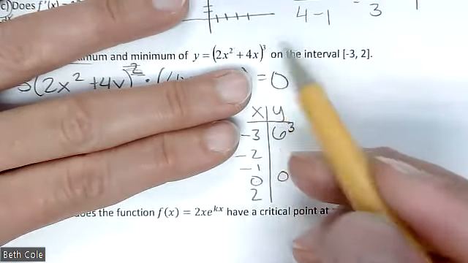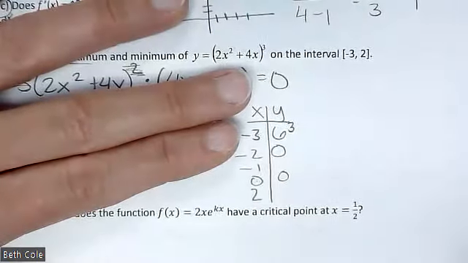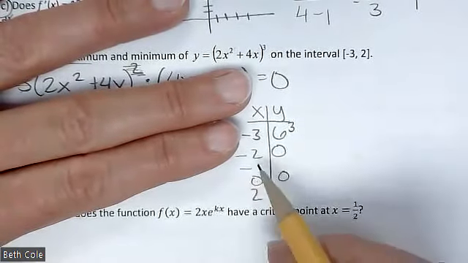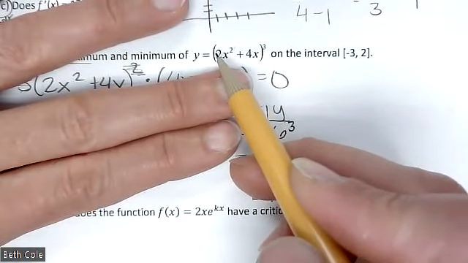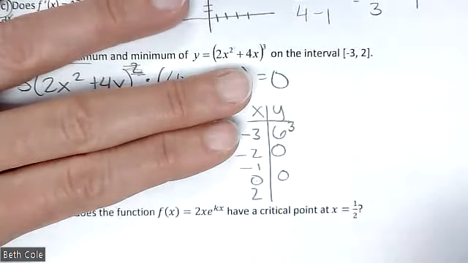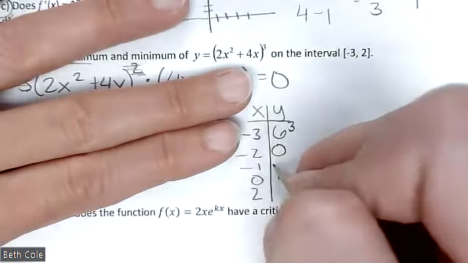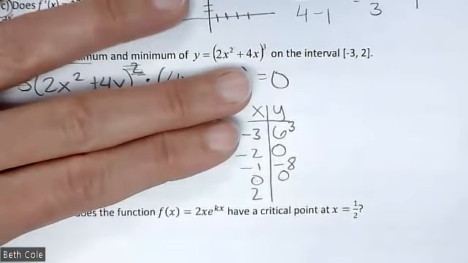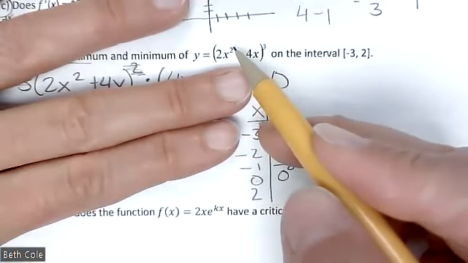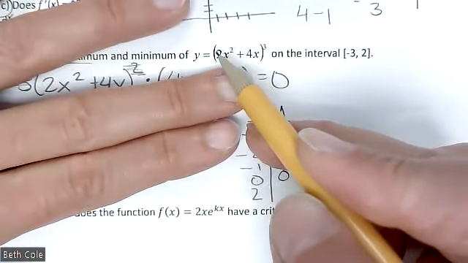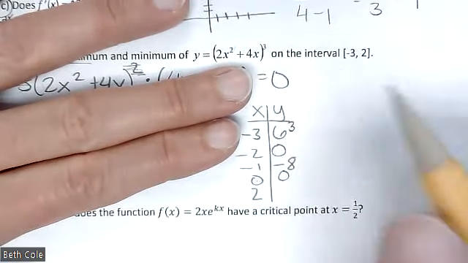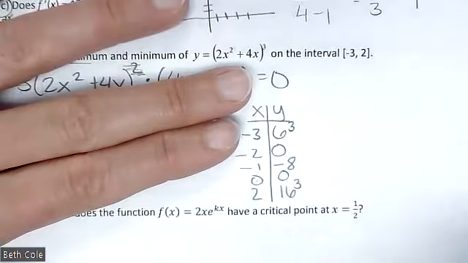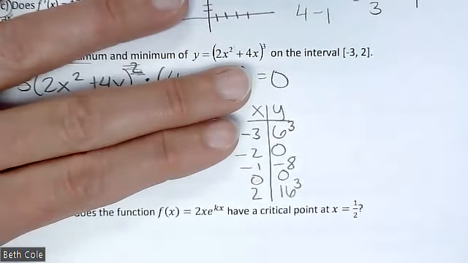And then it would be minus 8, so 0. Negative 1 squared would be 1 times 2 is 2. Minus 4, 2 minus 4, negative 2 cubed, negative 8. And then lastly 2. 2 squared is 4 times 2, 8. Plus 8 would be 16 cubed, which I don't know that off the top of my head.